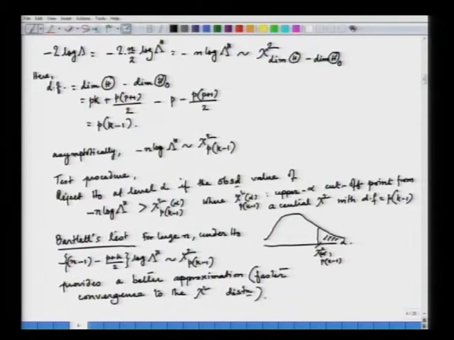Since it is an approximation, if we have something that gives a better approximation with faster convergence, and since this does not involve much extra labor compared to the usual likelihood ratio test, we might as well use Bartlett's test.